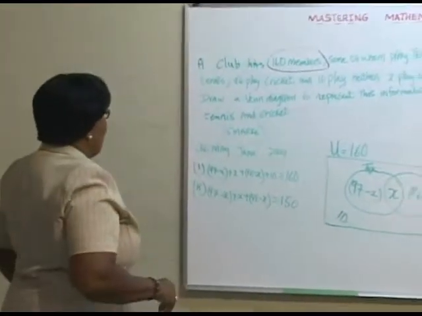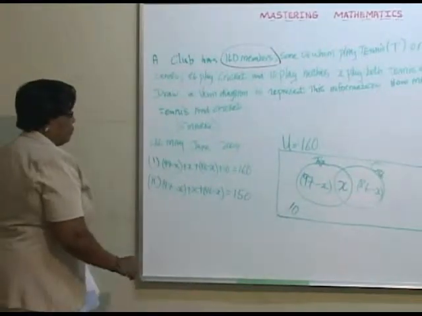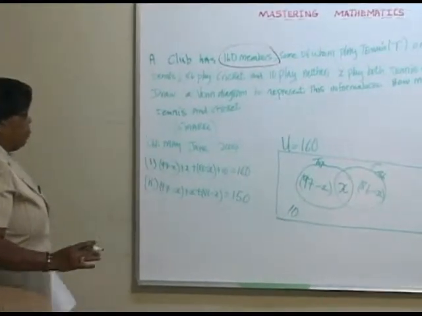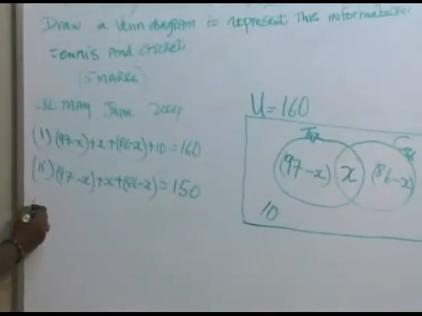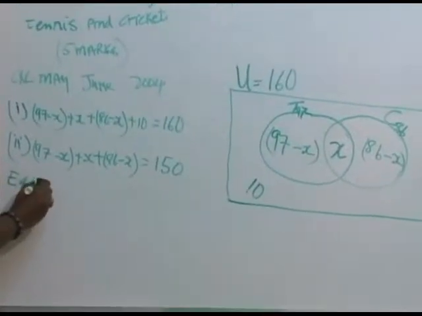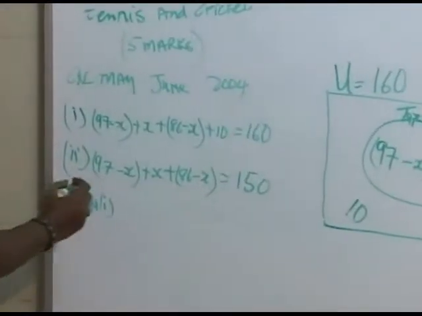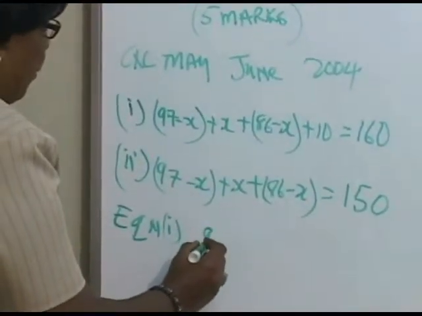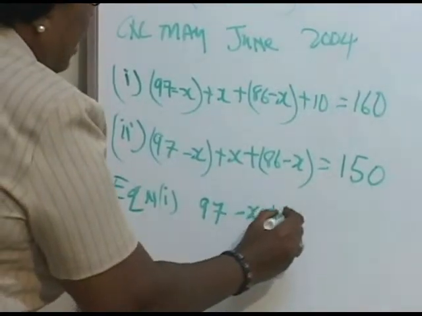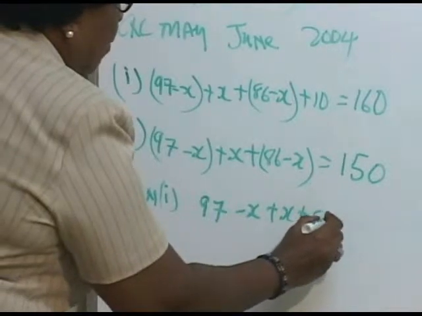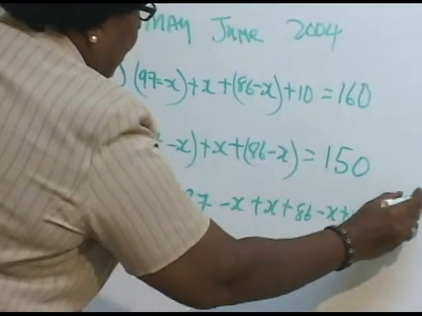All right, now, suppose we were using the first equation. Let us see what we would have gotten. Now, the things that are alike, we put them together. So using equation 1, this is what we're going to be saying. We have 97 minus x, we're taking them out of the bracket, plus x plus 86 minus x plus 10 is equal to 160.